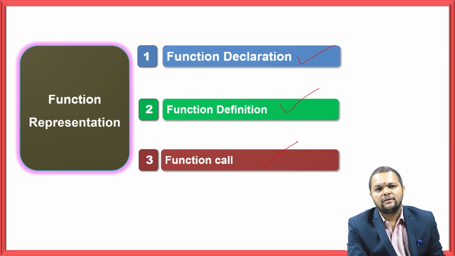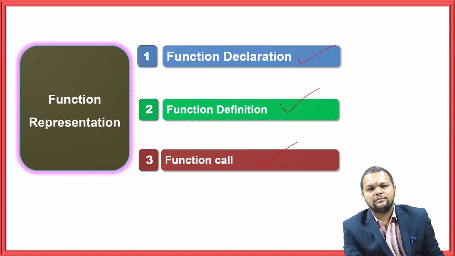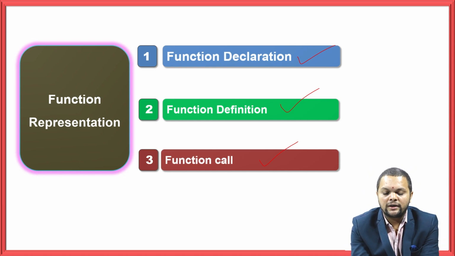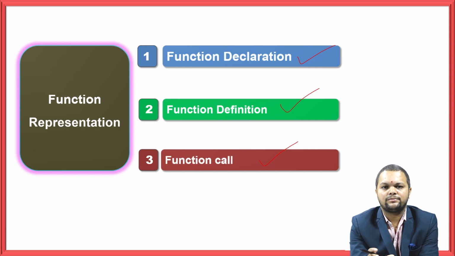Normally if I am saying a function, I need to make sure that function follows a particular set of rules. Function definition means the body part of that particular function.